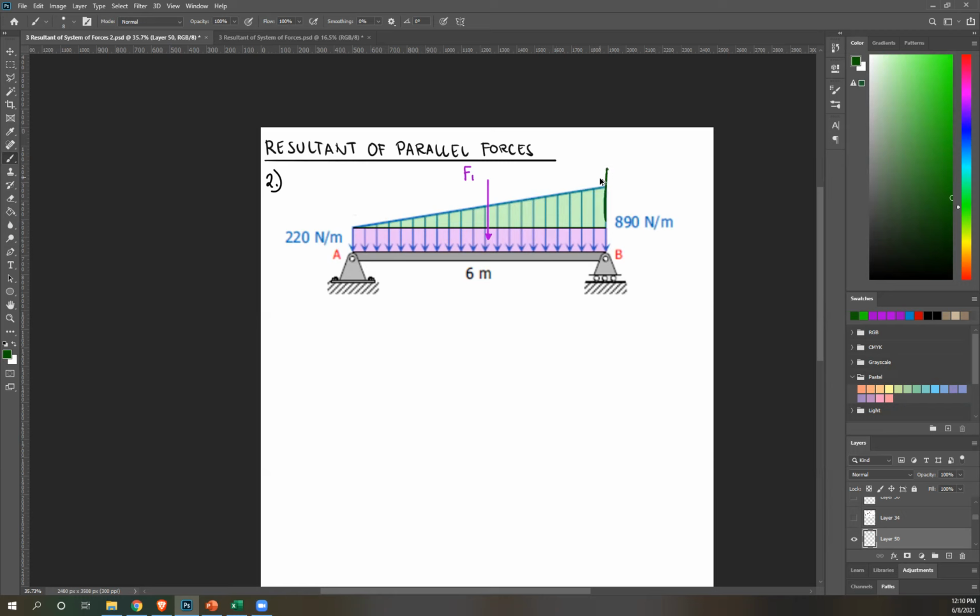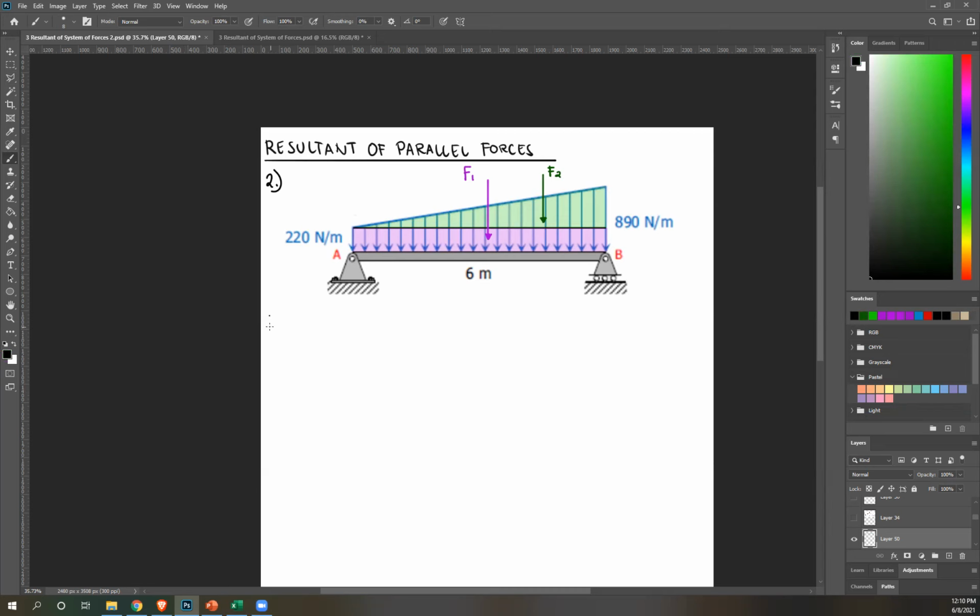So this is the higher end, about 1/3 of that is somewhere here. Let's call that F2. Now let's compute. Recall that the resultant is just equal to the area of your forces.